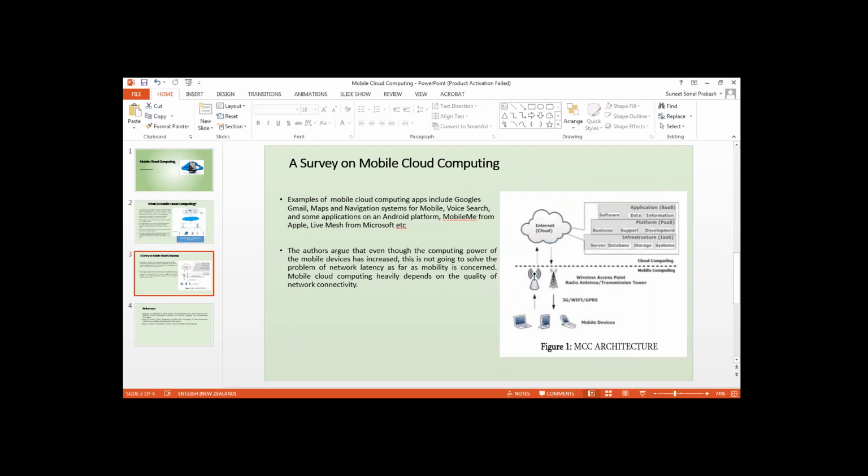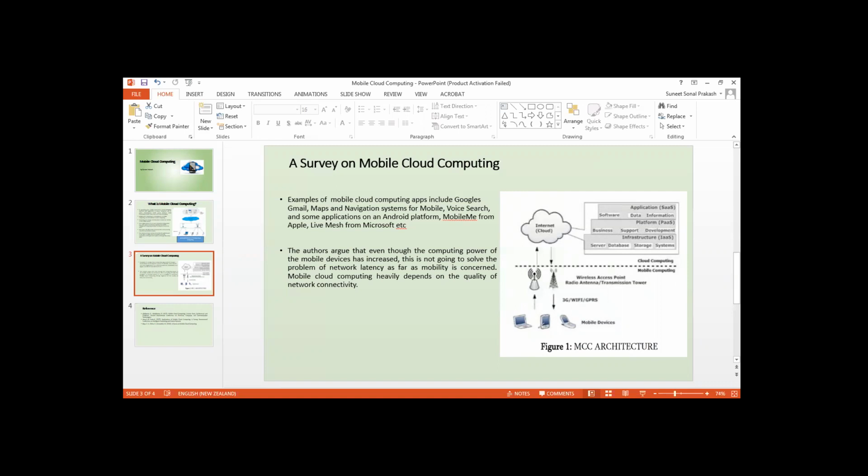It was the first paper, and what the paper basically tries to give is the same as whatever I presented in the previous slide, except some of the examples of the apps include Gmail, maps, navigation systems, etc. And also the authors are arguing that even though mobile devices have increased computing power, it's not going to solve the network latency, as far as mobility is concerned, because mobile cloud computing heavily depends on the quality of network connectivity in order to access the cloud resources.